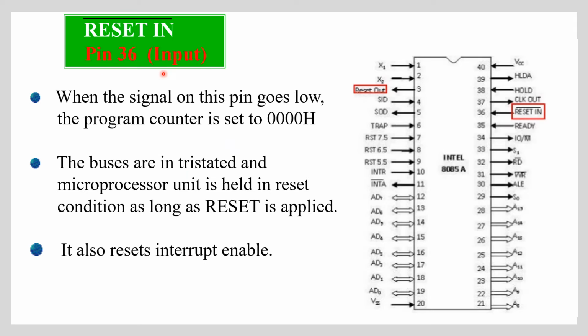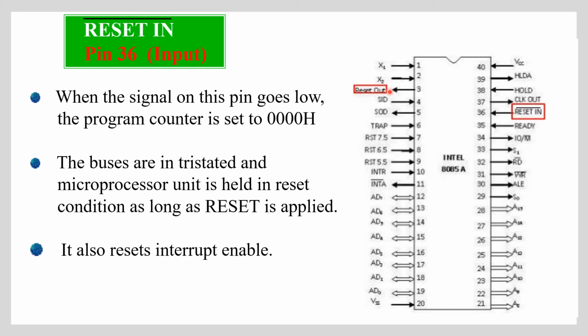Reset, pin number 36, reset in bar. It is an active low signal and an input to the microprocessor. Whenever we receive a low signal, a 0, on this pin, the microprocessor comes to know that the system is to be reset. Immediately it sends an output signal, reset out. It is connected to the peripheral to reset it when the microprocessor is reset.